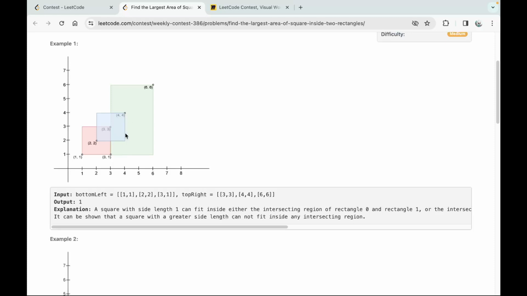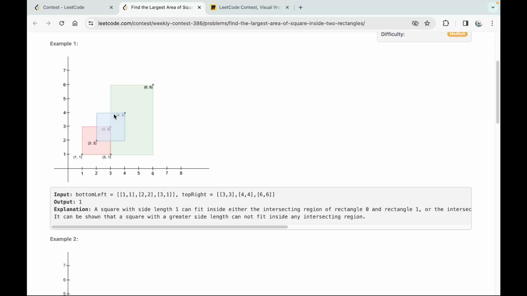Now the second rectangle and the third one, that is the blue and the green one, are intersecting. But the intersection is a rectangle. In the question it's mentioned you have to take out the square from this intersection. So what is the square? You can consider this particular square, or this square.